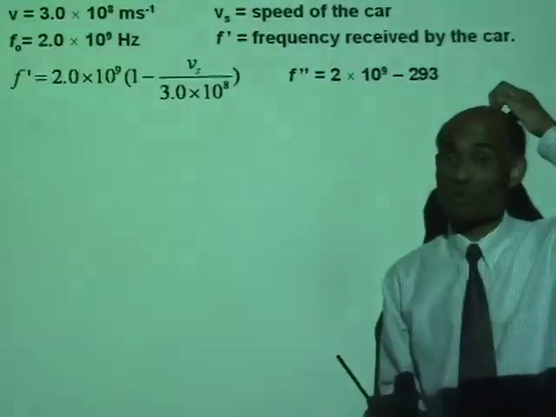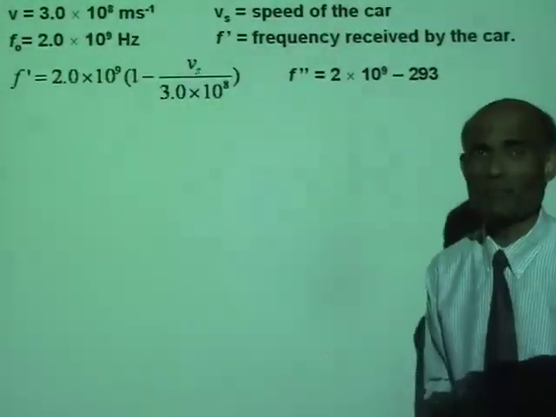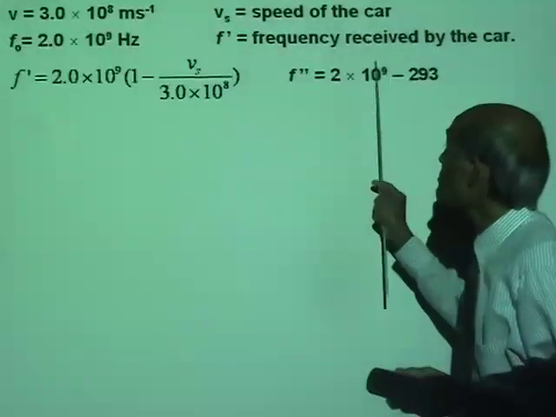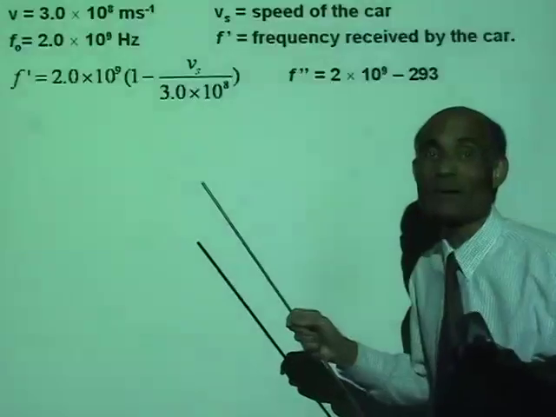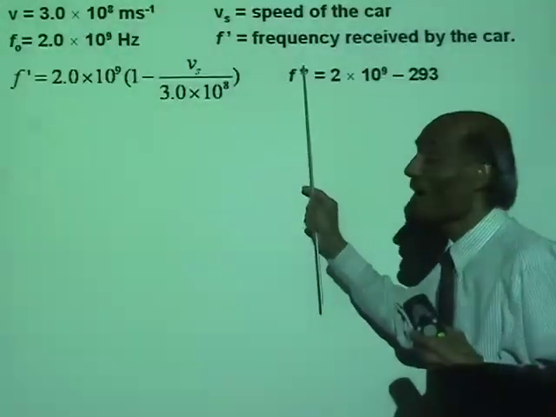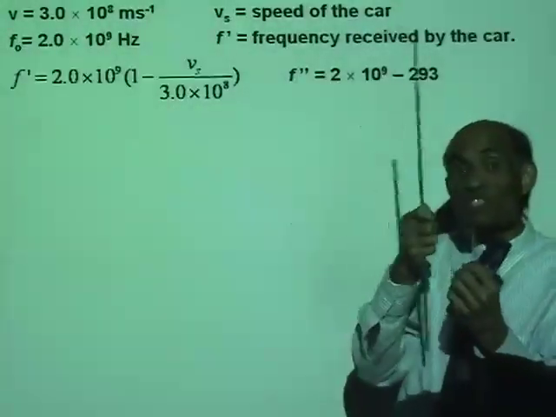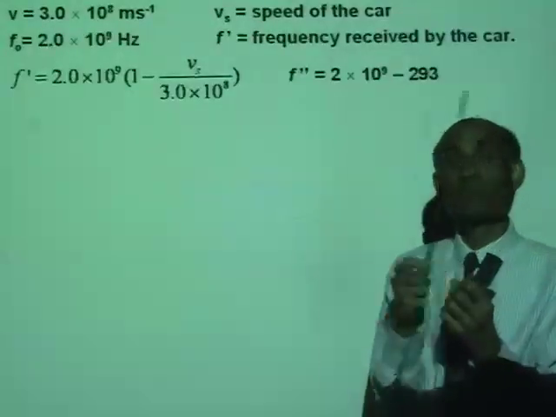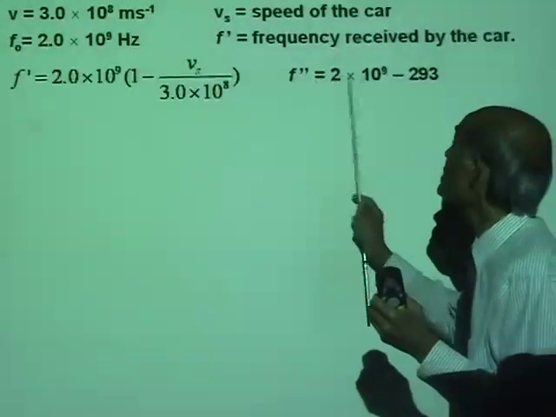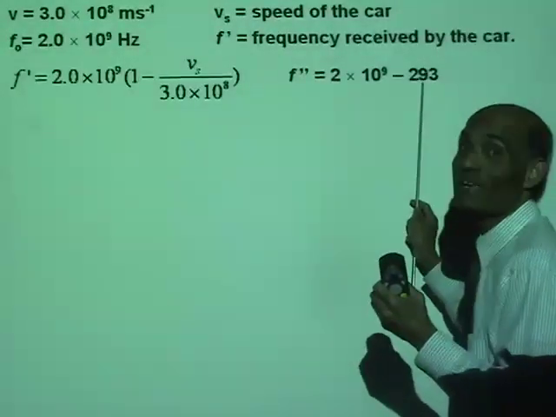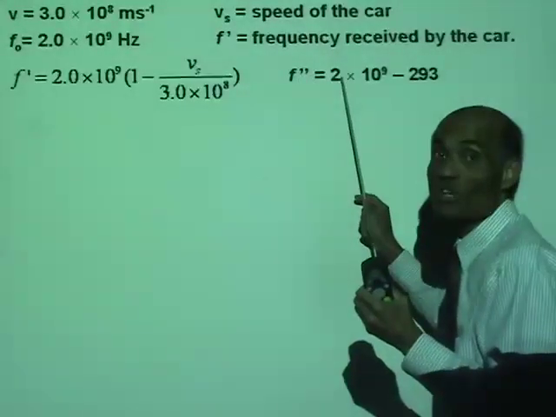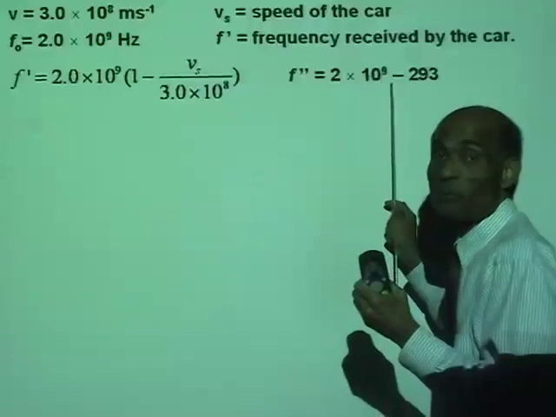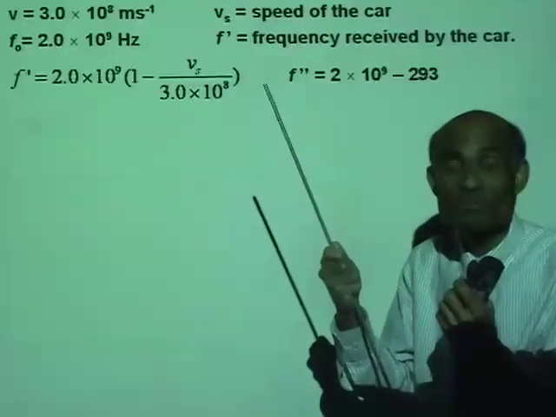I hope you understand that. You see, 2 times 10 to the 9 is the frequency actually sent out by the radar. F double prime is the frequency that is received by the radar. The difference between these two is 293. Therefore, F double prime is the actual frequency minus the difference between the two. Is it all right?